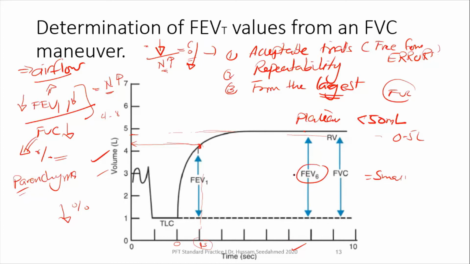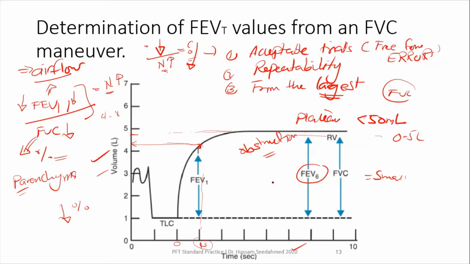Just one last point regarding FEV6. It is usually a surrogate, a substitute, used instead of the FVC in patients with obstructive lung disease, because these patients usually don't reach the plateau in 6 seconds. They need more time. Sometimes I don't have a plateau at all. Usually these patients fail to reach a plateau because the airways are narrow, and they keep blowing and blowing, yet still cannot reach the plateau.